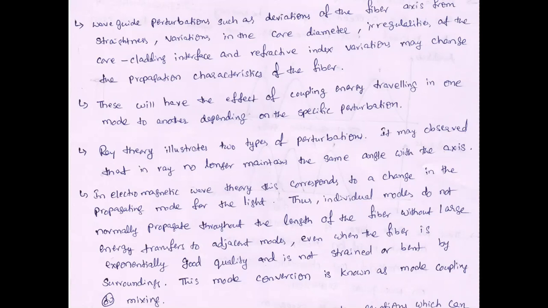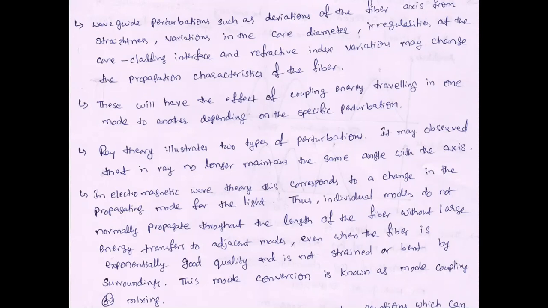Ray theory illustrates two types of perturbations. It may be observed that the rays no longer maintain the same angle with the axis. You know the concept of total internal reflection. Is it possible to maintain the incident and reflected angles the same along the fiber axis? It is not possible in practice.